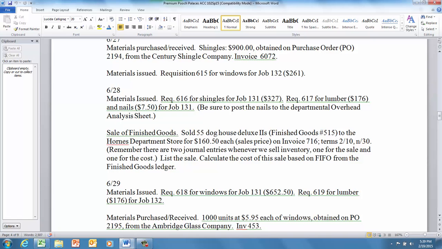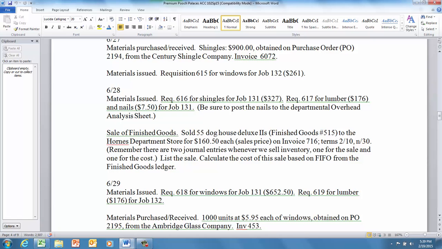Now, we have two entries that we have to make. The sale itself to the customer is at the sales price of $160.50 that we're charging for each doghouse that we're selling them. But what we need for the inventory accounts is what's coming out of finished goods inventory is at the cost to us, which hopefully, of course, is less than $160.50.